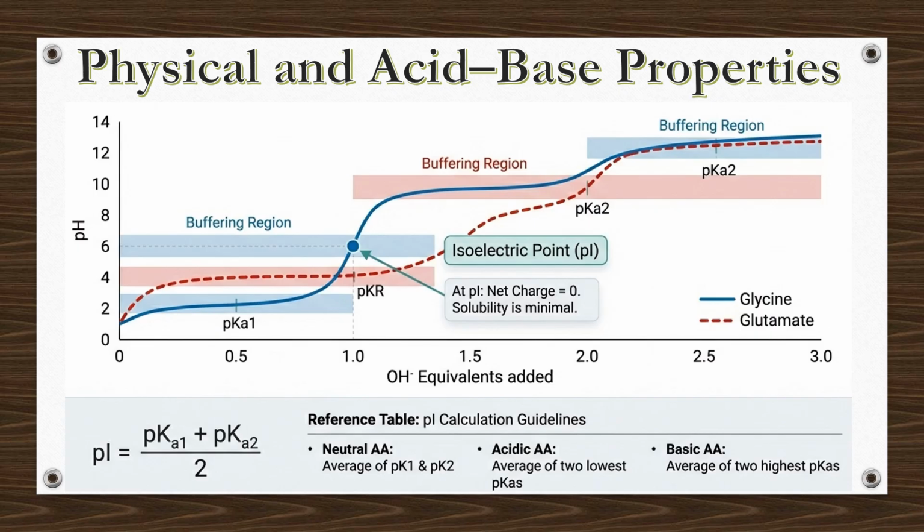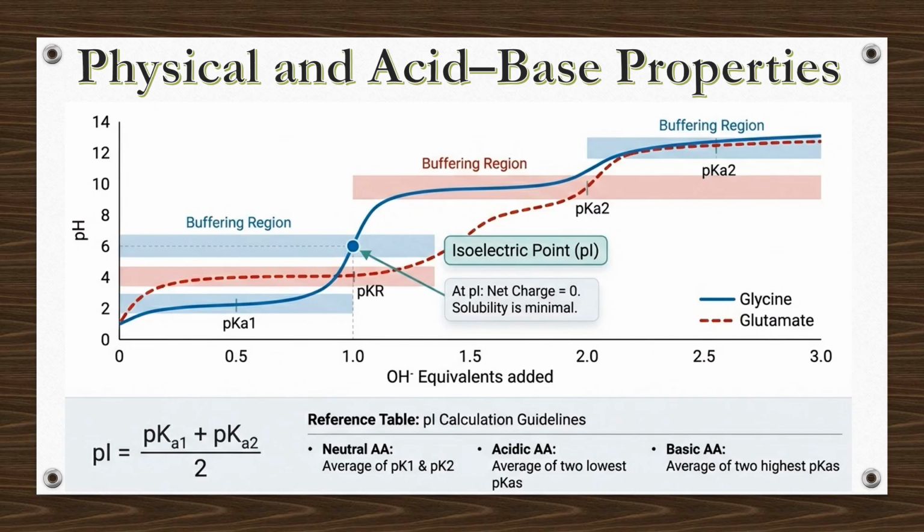As pH rises, the carboxyl group loses its proton, producing a zwitterion with both positive and negative charges, but no net charge. At high pH, the amino group also loses its proton, leaving the molecule negatively charged.